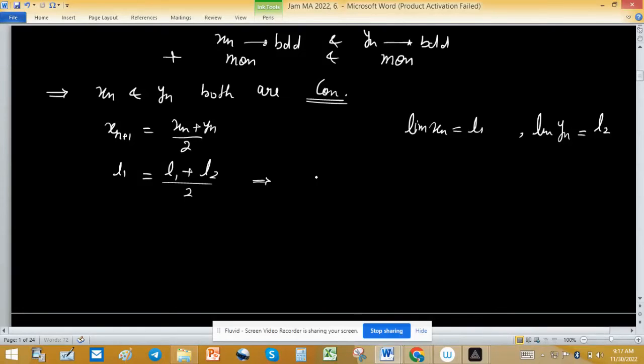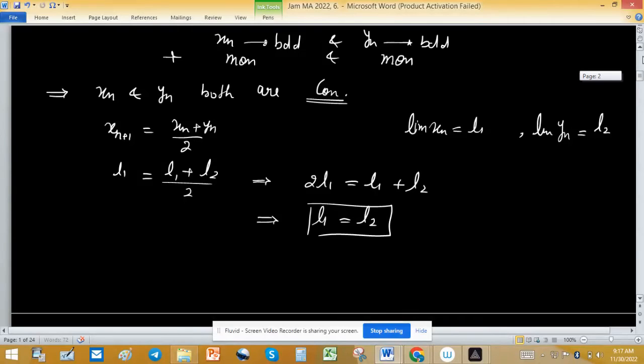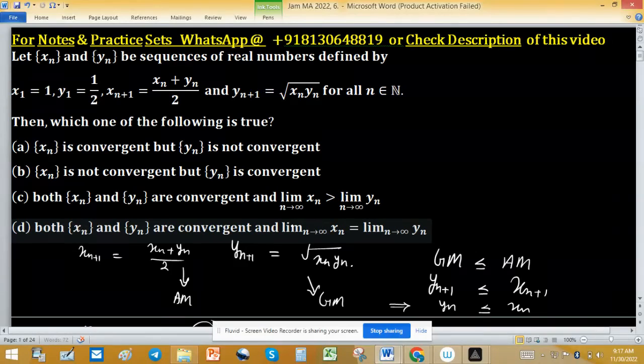From cross multiplication we have 2 times L1 equals L1 plus L2. From this, L1 equals L2. Both limits are the same. Now try to find which option is correct. Both xn and yn are convergent and limits are equal.